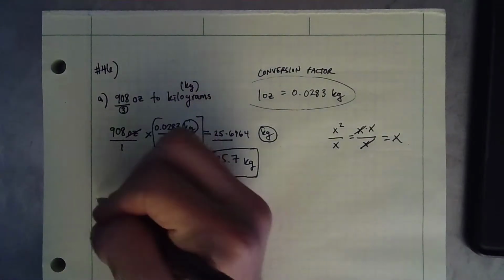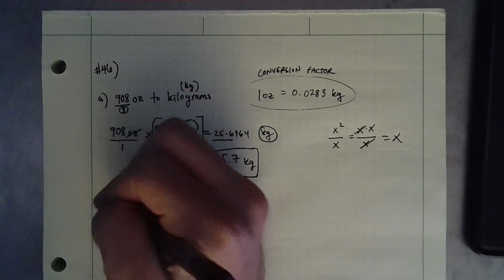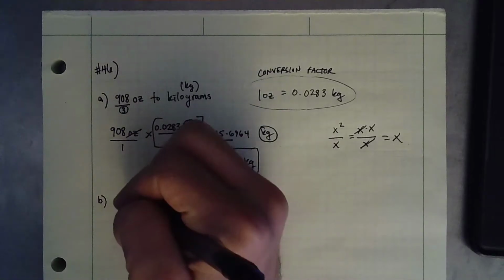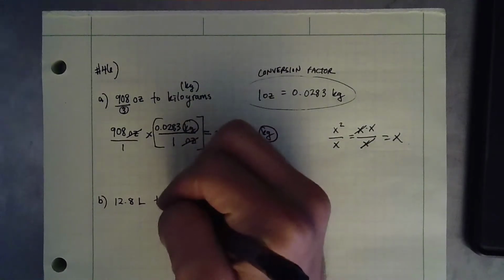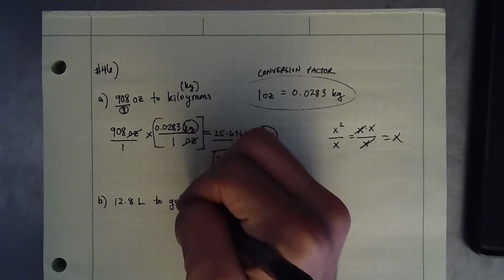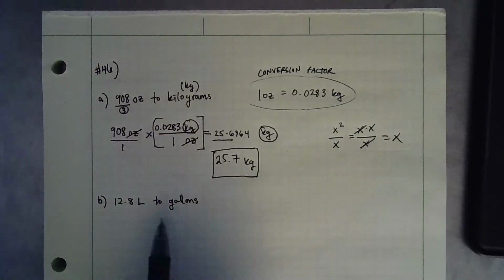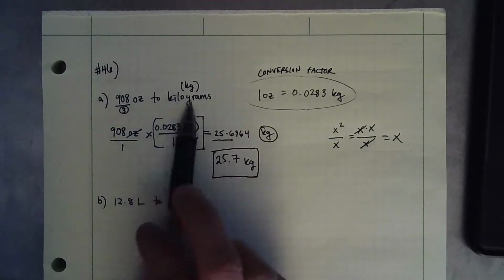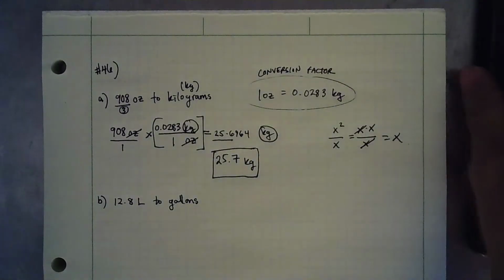Okay, let's look at part B, the second problem here. This is 12.8 liters to gallons. Once again, just like I didn't know what the ounce to kilogram conversion factor was, I don't know what liters to gallons is.